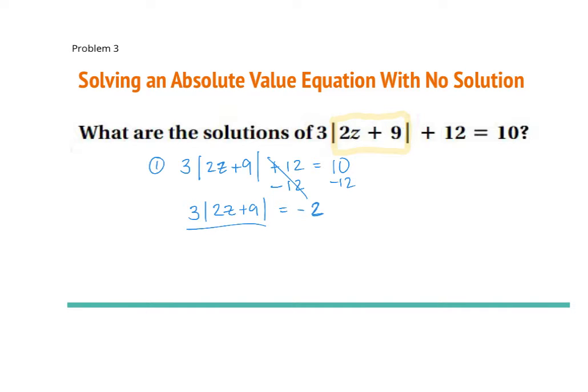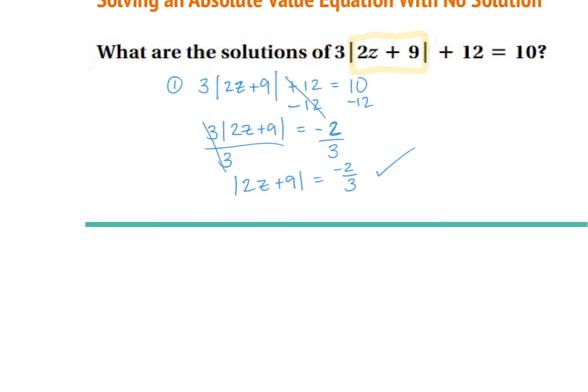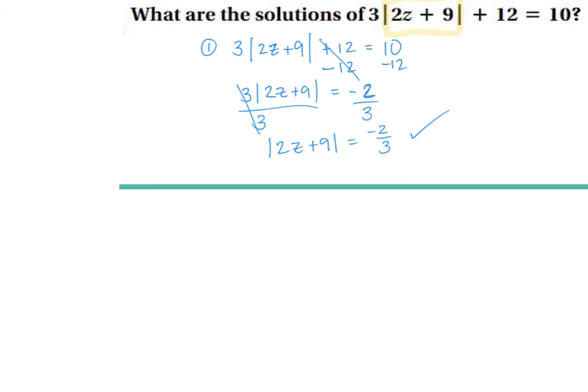Now we want to divide by 3. So the absolute value of 2z plus 9 equals negative 2 over 3. Okay, we've isolated our absolute value, so we're done with our first step, okay? Now our second step, remember, is to write a positive and a negative solution.